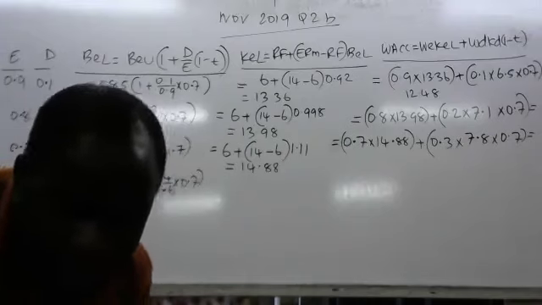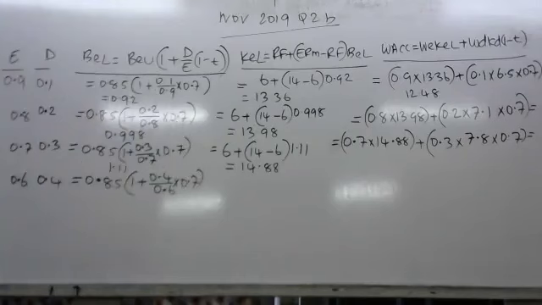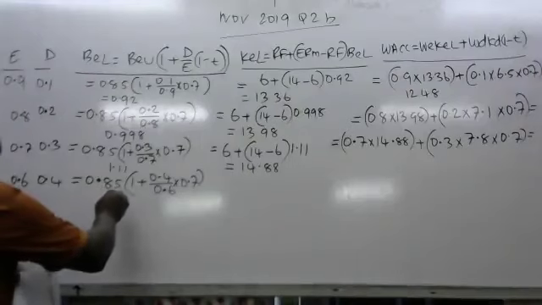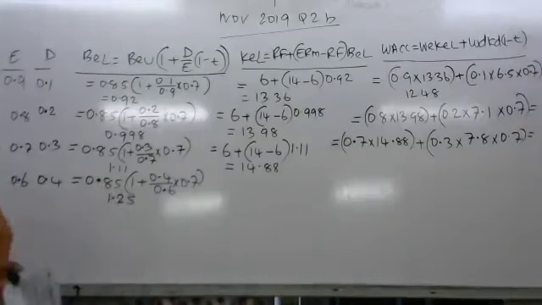So we get 1.247, which is the same as 1.2. So you can use 1.25.